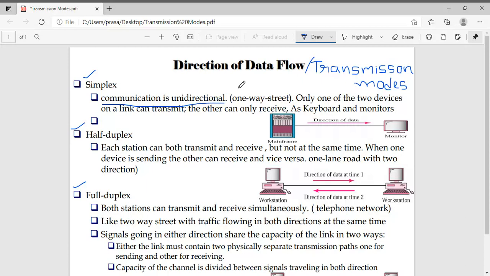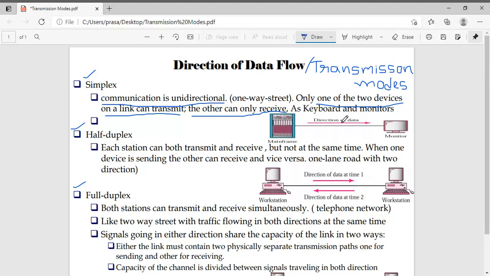Okay, in other words, one of the two devices in the network will transmit the data, the other can only receive. Like keyboard is meant for input always, monitor is meant for output always.